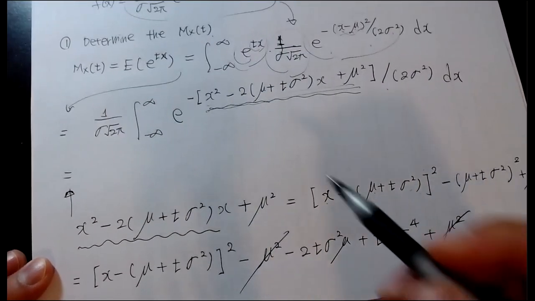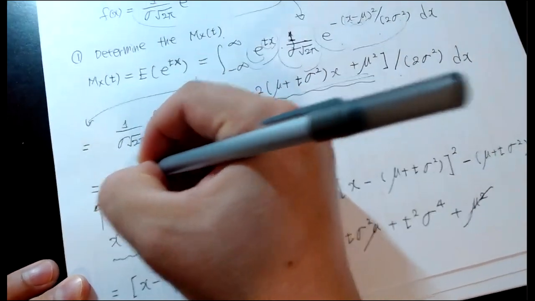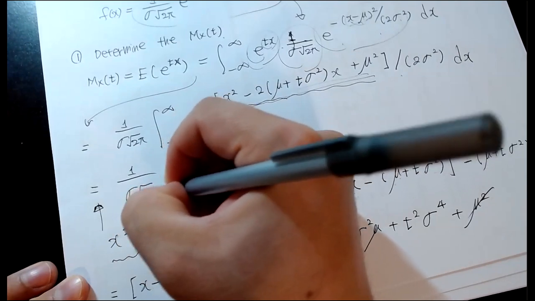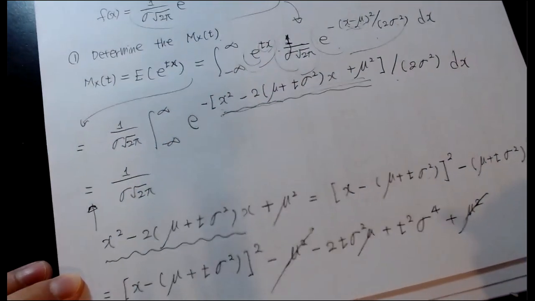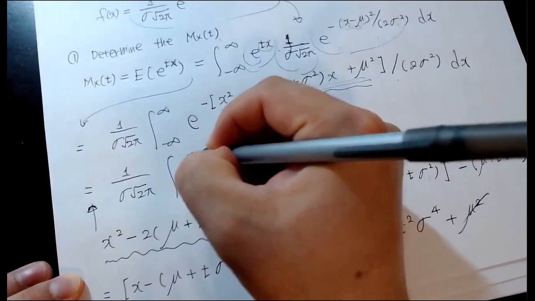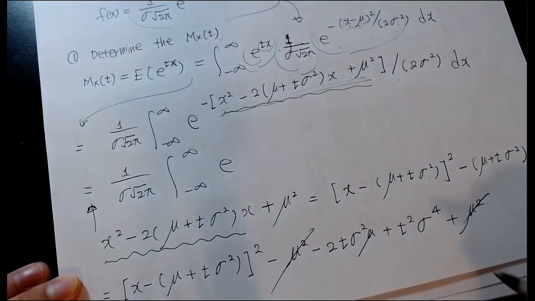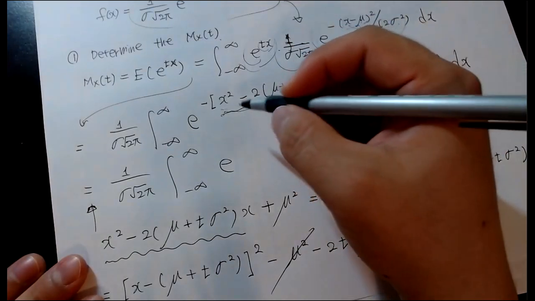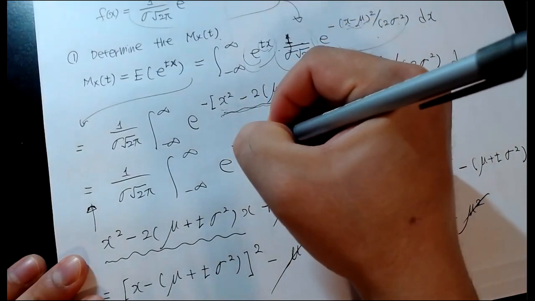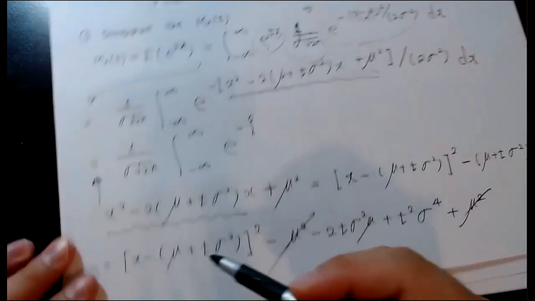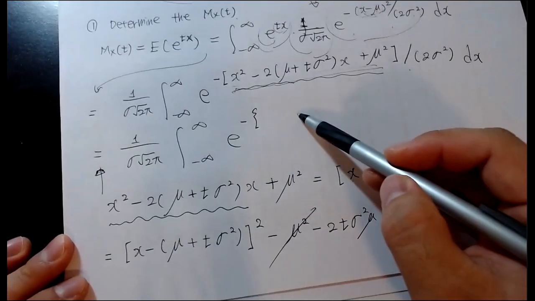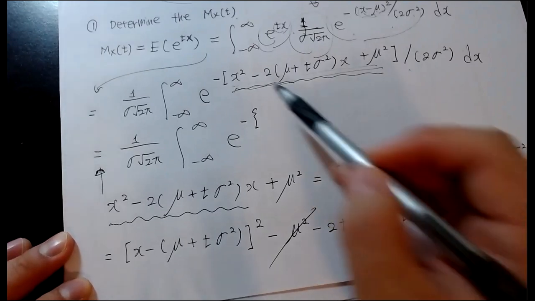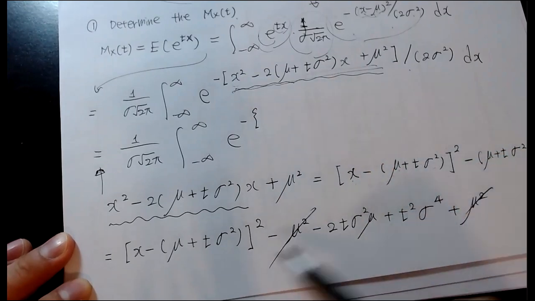So that integral can be simplified like this. 1 over sigma square root of 2 pi, okay? And then the integral of e to the minus, right? I'll plug this one into here, because we rewrite this one as perfect square form here.